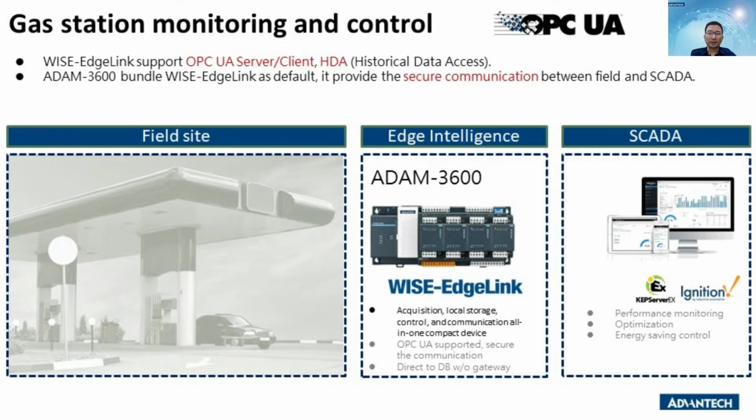Next, this is the gas station monitoring and control system via OPC UA. WISE-EdgeLink supports OPC UA server or client, and also HDA, which means historical data access. It provides secure communication between the field and the SCADA.